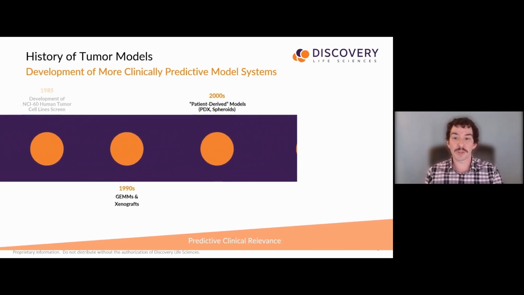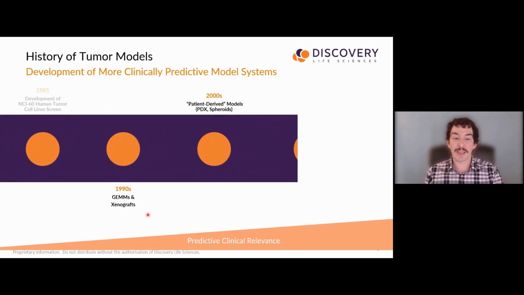So then we get into the 1990s, and that brought genetically engineered mouse models, or GEMs, and xenograft models, where human tumor cell lines were implanted and grown in mice. Now, this was an advancement of the mouse models that were being used and got us closer to a true human-like environment, but still, many tumors behave differently in mice than in people, and they were still using those immortalized cancer cell lines to create the xenografts.